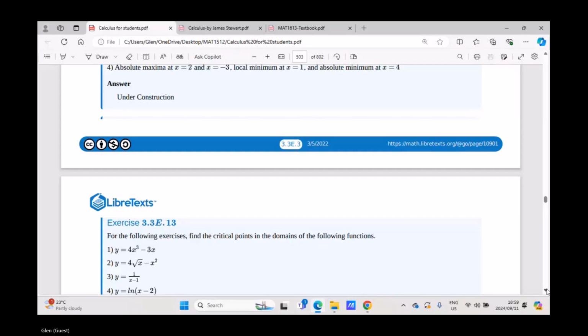I'm saying this because our function is a ln function. ln 0 is undefined, and then ln 1 is 0.